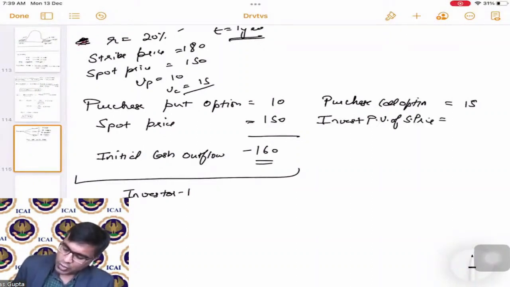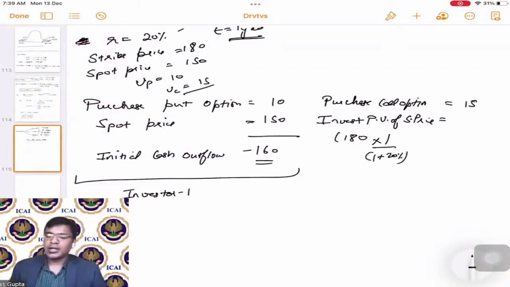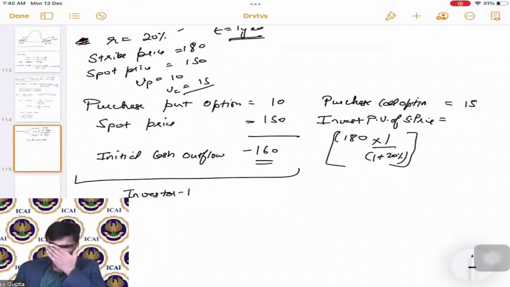So the strike price is how much? 180 rupees. What is the present value? 1 divided by 1 plus 20 percent, and time is already 1, so there is no need to prorate the percentage. So 180 divided by 1 plus 20 percent will give us the present value of strike price, which is equal to 150.